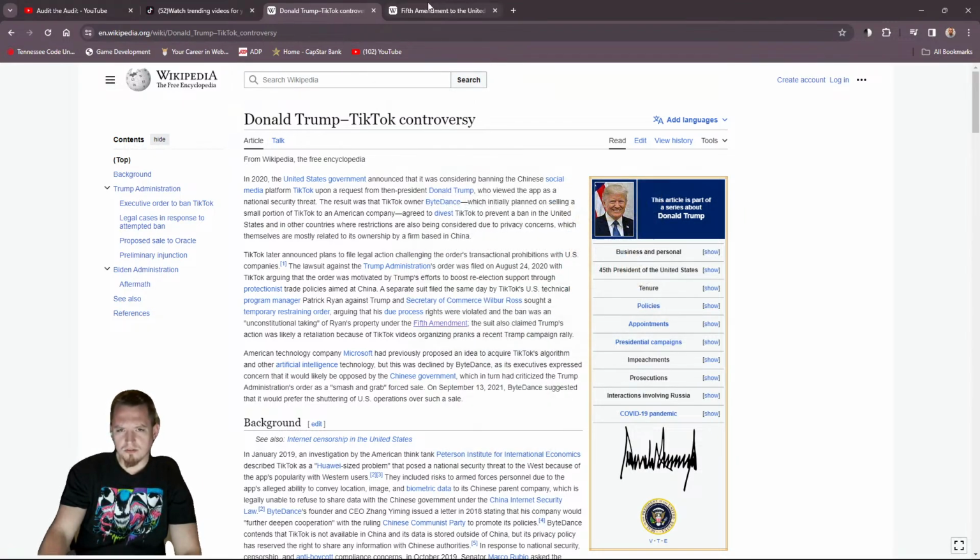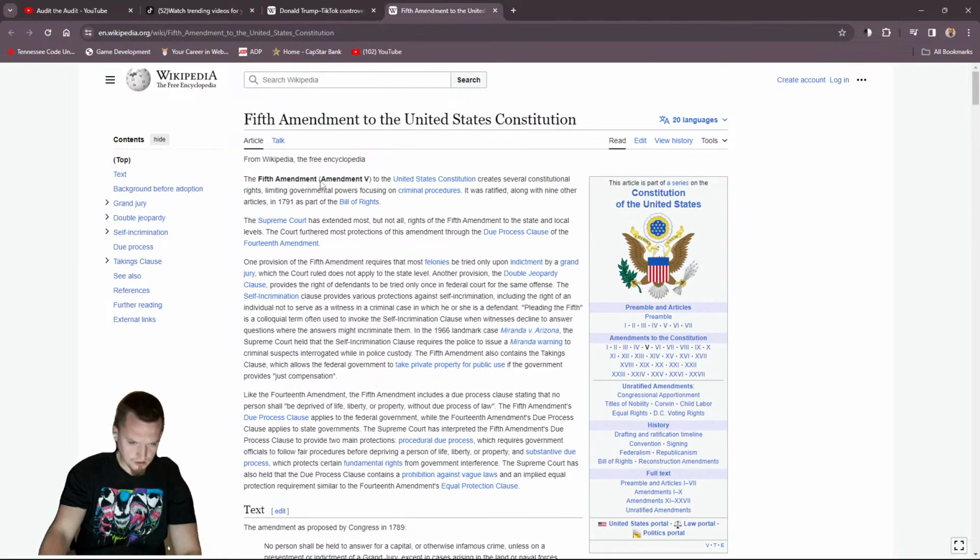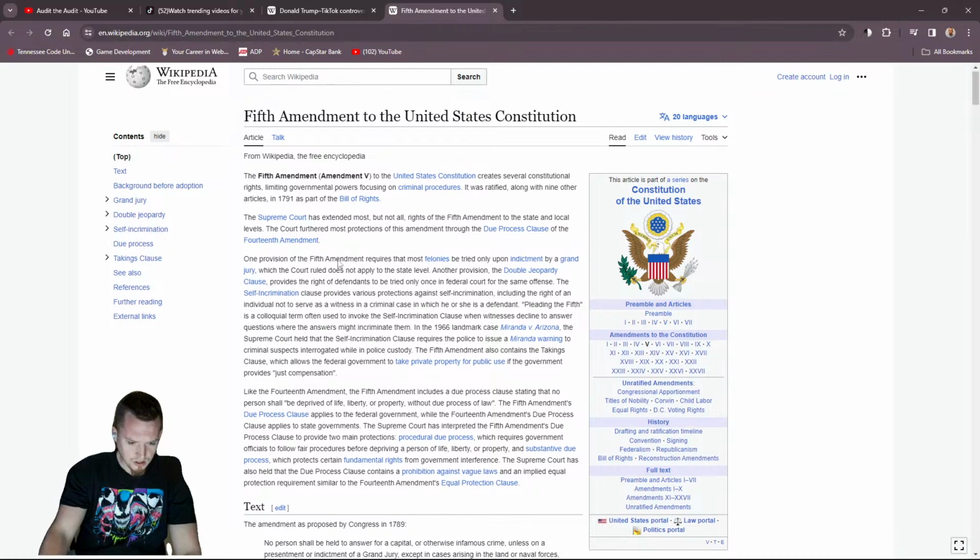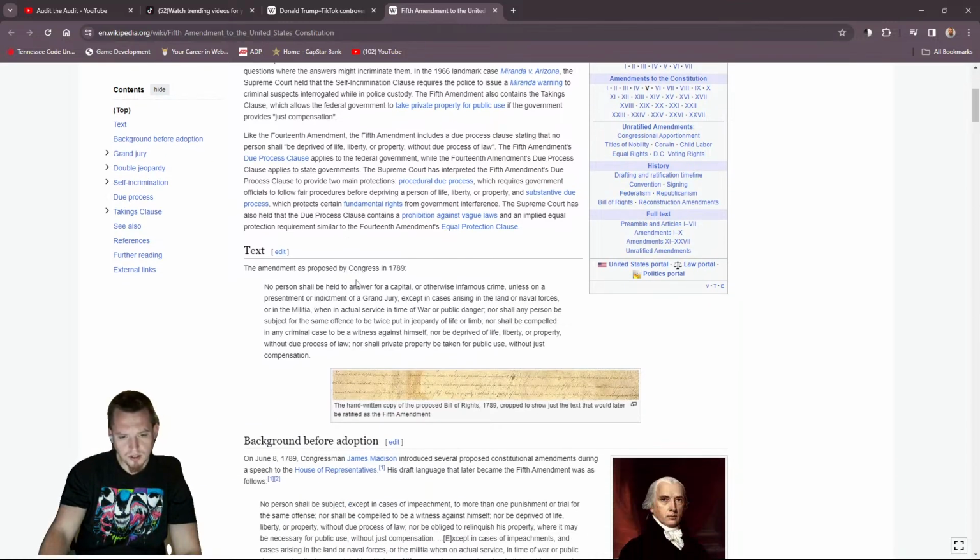Fifth Amendment is right to be free of self-incrimination, but also others. A person should be held to answer for a capital or otherwise infamous crime unless on a presentment or indictment of a grand jury, except in cases arising in the land or naval forces or in the militia, when in actual service in time of war or public danger.